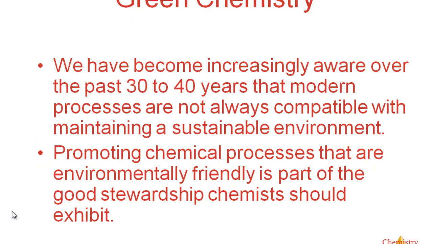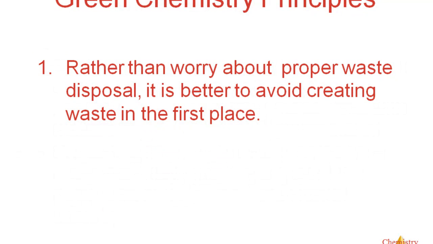Promoting chemical processes that are environmentally friendly is what is called the green chemistry area. And there are certain principles the green chemist would follow. So rather than worrying about how to dispose of a waste properly, let us think about how we can do this process without creating any waste.